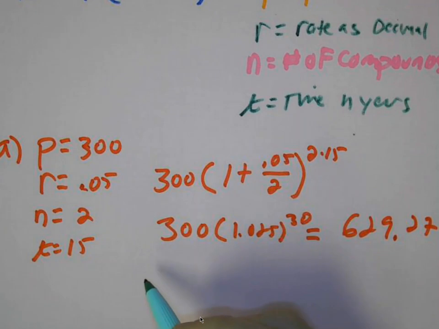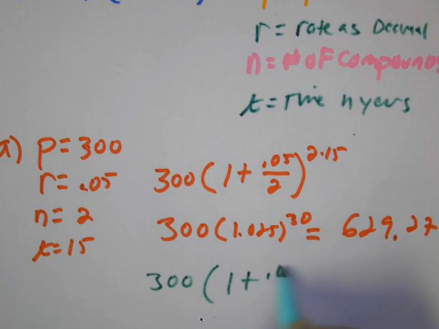If you do it monthly for part B, the thing that changes is the rate is still the same, but now it's divided by 12, and this is taken to the 12 times 15 power. That means you run this money machine 180 times over the course of 15 years.